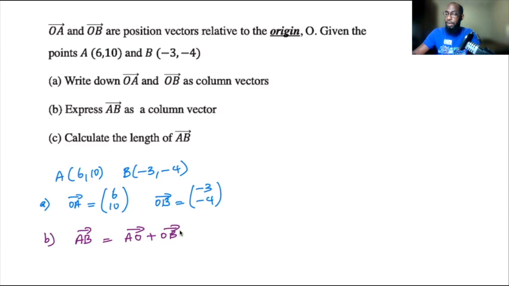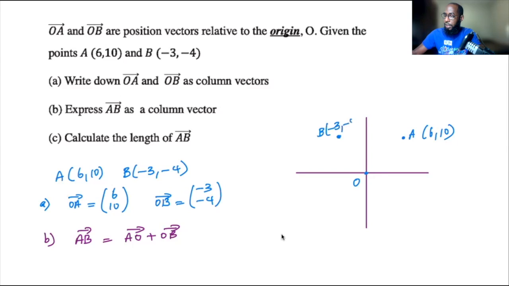If I want to illustrate this on a diagram, this is the center O. Let's assume this is A (6, 10), and across here, this is B (-3, -4).